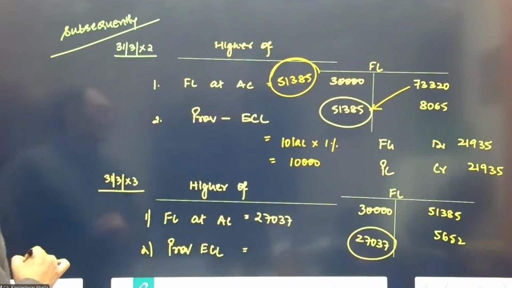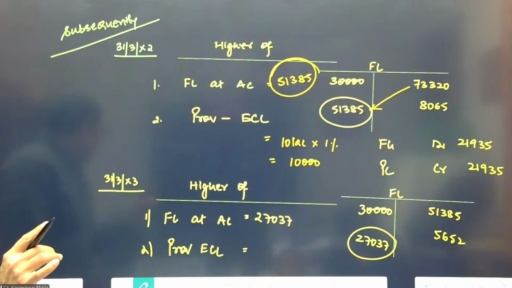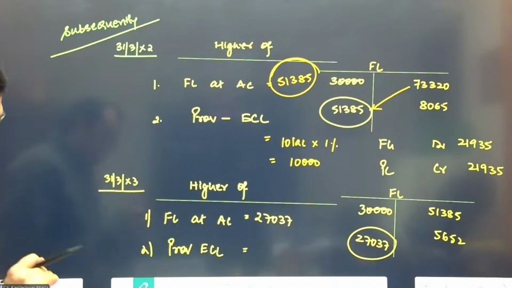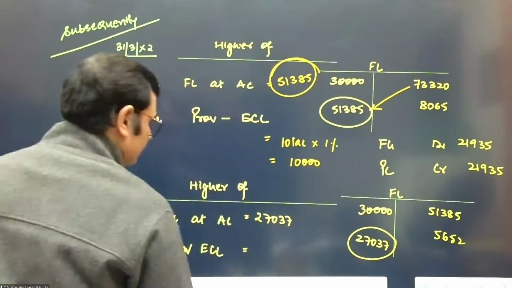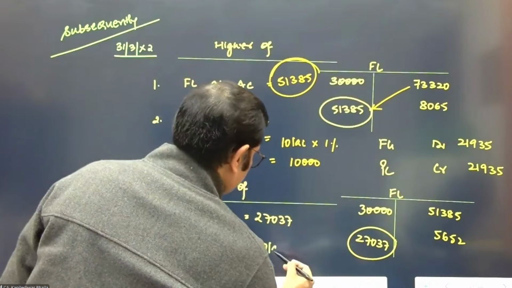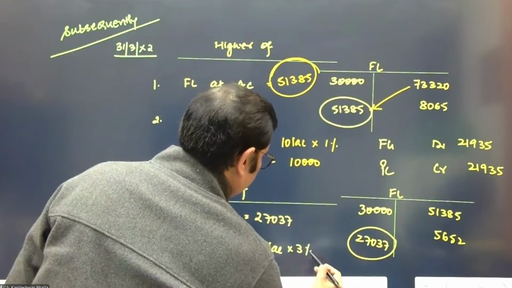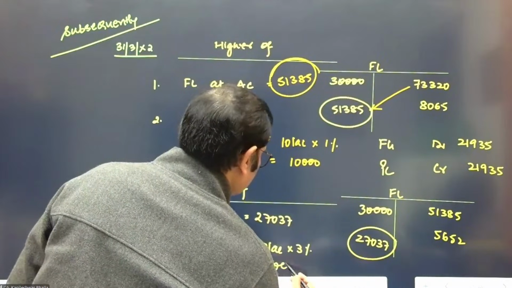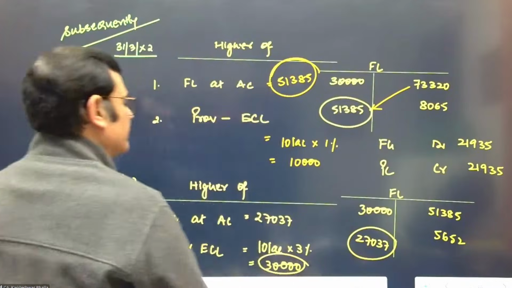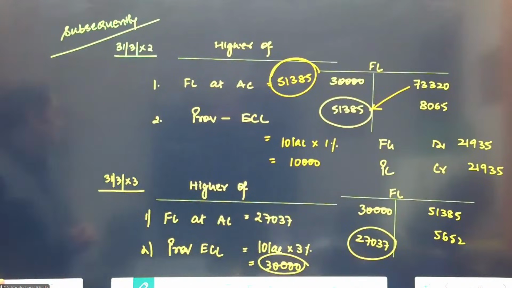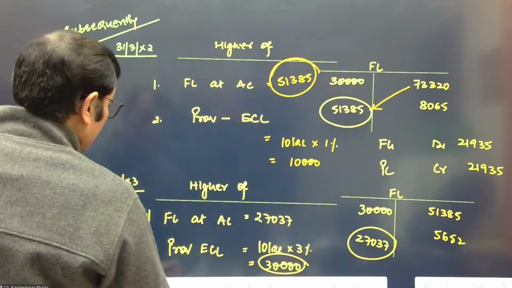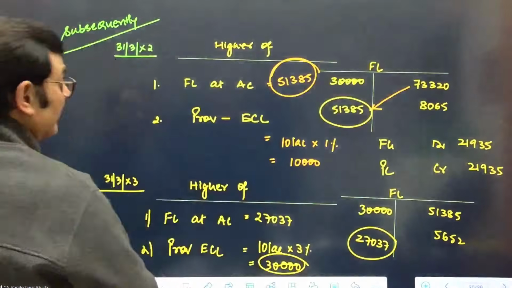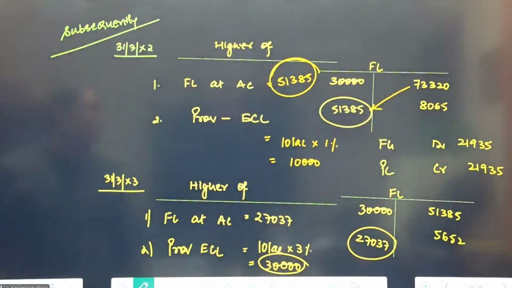And I think the default probability, if I rightly remember, was 3%. Yes, so 3% default probability would mean 30,000. So you need to record it at the higher of the two, that is 30,000. Which means now you need to capture this financial guarantee at the new value.